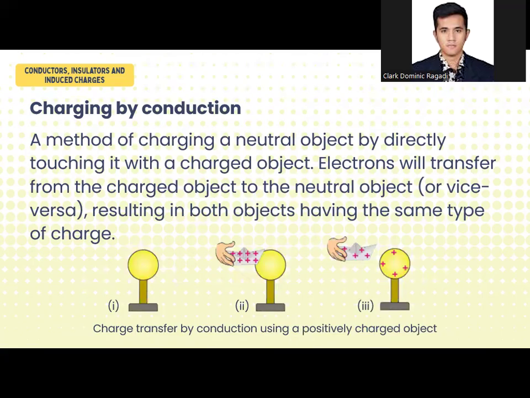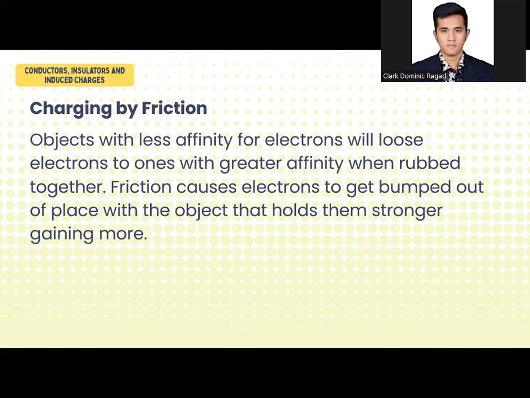Similar principles happen when we use a positively charged object. Next, we have charging by friction. Charging by friction happens when you rub two objects together. When you rub, the material with higher electron affinity will have the electrons at the end of the contact.